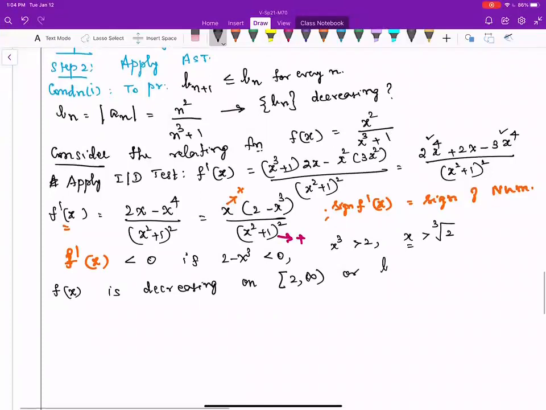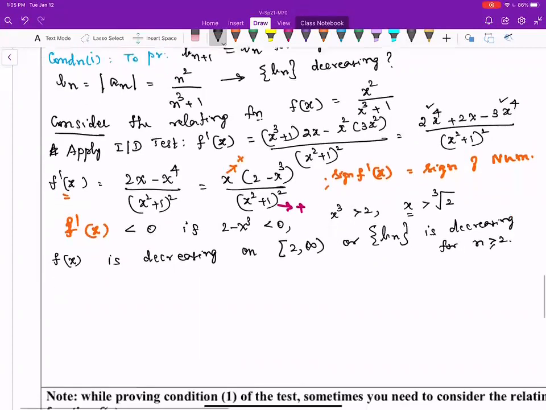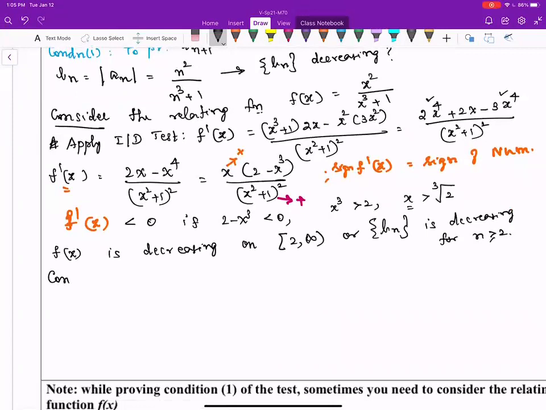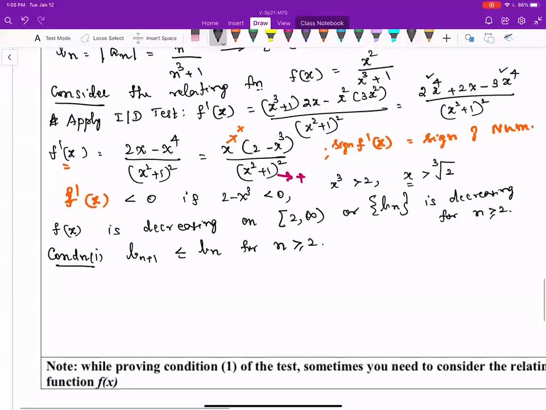Or we can say sequence b_n is decreasing for n more than or equal to 2. So what is condition 1 that we have proved? b_{n+1} is less than or equal to b_n for n more than or equal to 2, which is okay. We don't have to do right from 1. Eventually, it is decreasing.